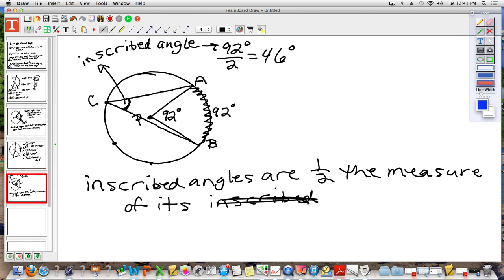I used inscribed in the definition for inscribed. Of its intercepted arc. Inscribed angles are half the measure of its intercepted arc. And we will touch on this again later, but I wanted to mention it now while you're thinking about central angles. Okay. All right.